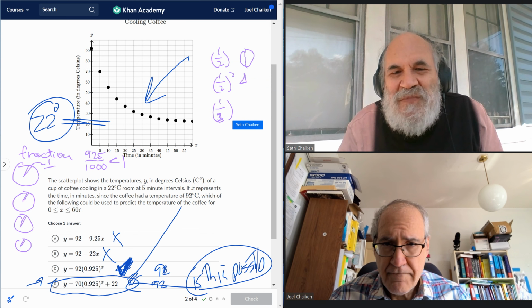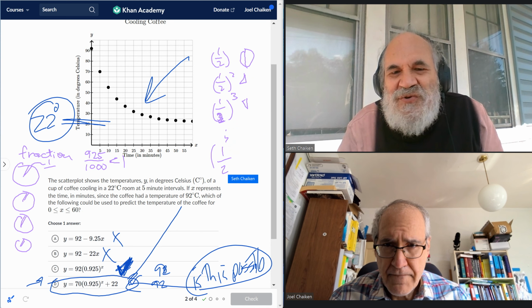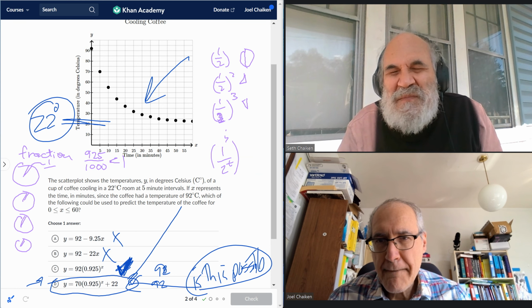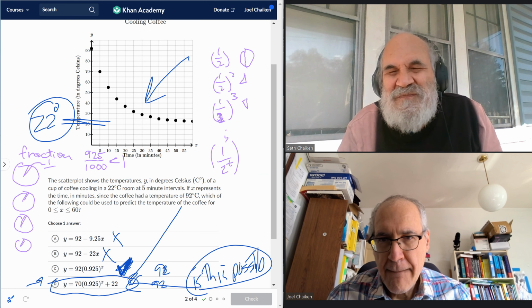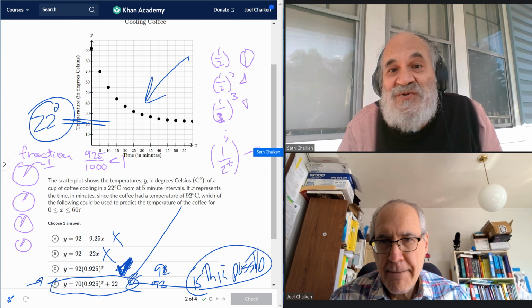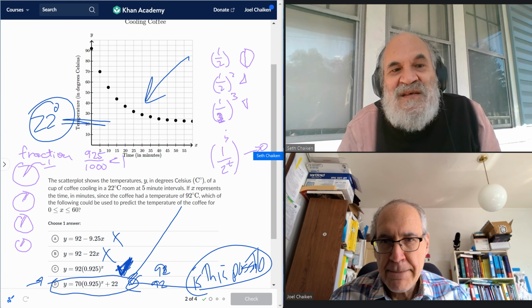Diminish it by half 3 times, and you get an eighth of a pie. And keep going down. One half to the t, or 2 raised to the negative t power, gets small as t gets larger. So this approaches 0.